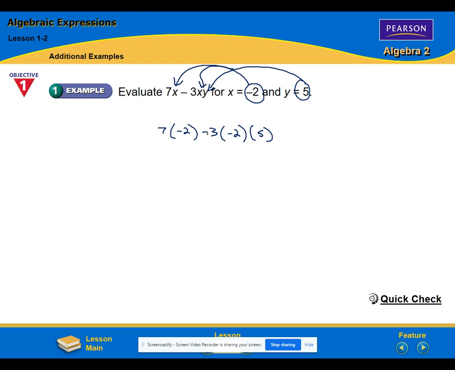This is a subtraction symbol, right? So we can go ahead and do this multiplication and the multiplication of these three numbers because they're separated by this minus sign. It's clearly a subtraction sign. Now, you may have heard the order of operations expressed as PEMDAS, or maybe it's please excuse my dear Aunt Sally.